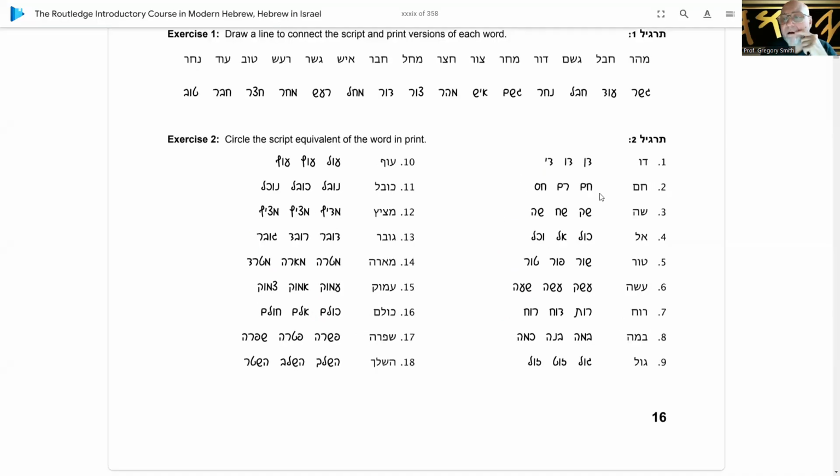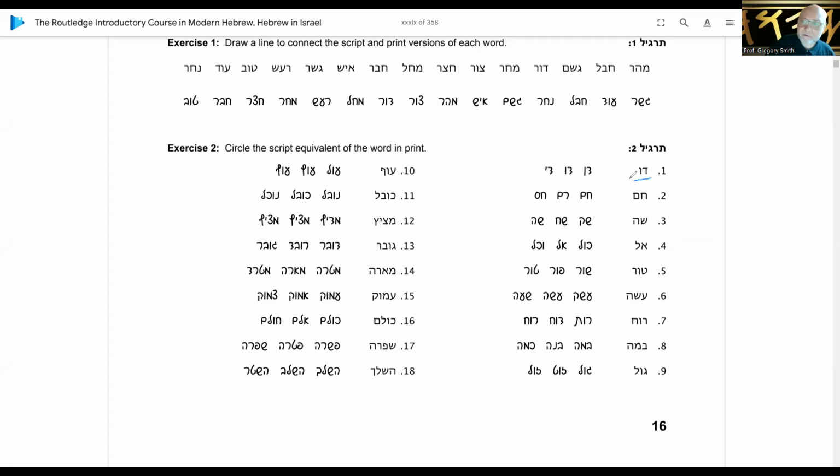Okay, so now we're here, this one here. This looks like either dough or do. Well, we'll figure out what that is. Okay. Do. Do means to or by or double.